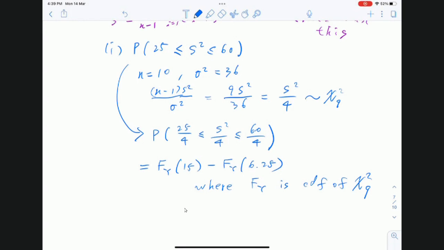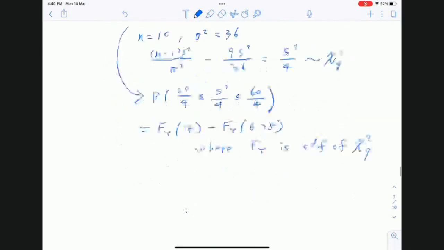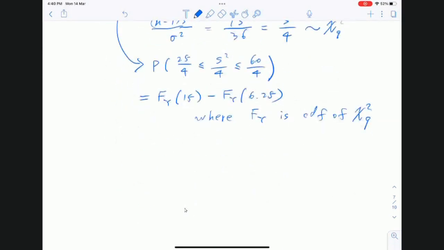So we make use of the property of the normal sample. We know that this kind of transformation will make the sample variance a chi-square random variable. And then eventually this probability will be written in terms of the CDF of the chi-square distribution. Then you can use the R to find these probabilities. Okay?